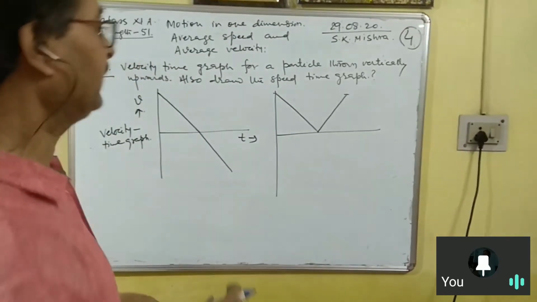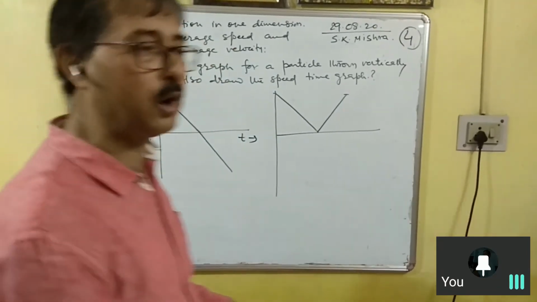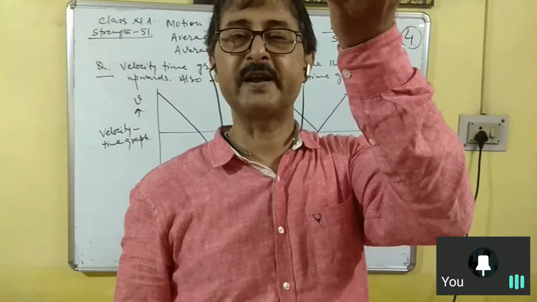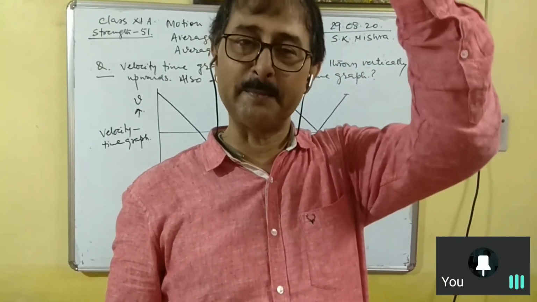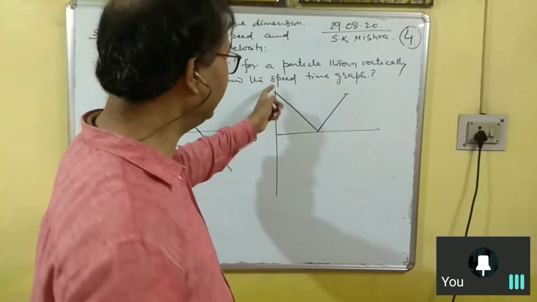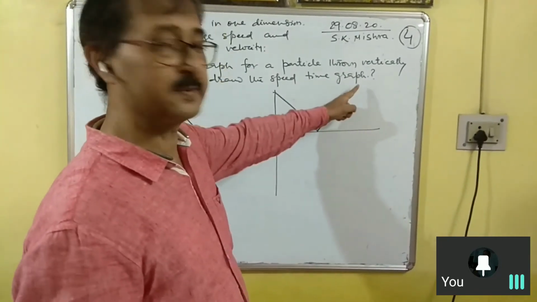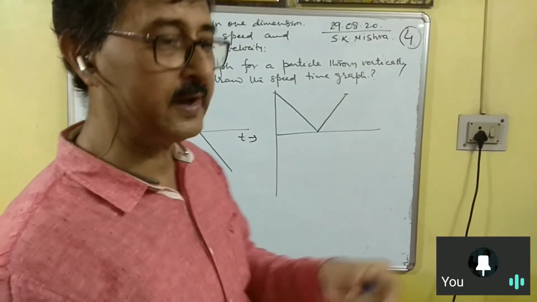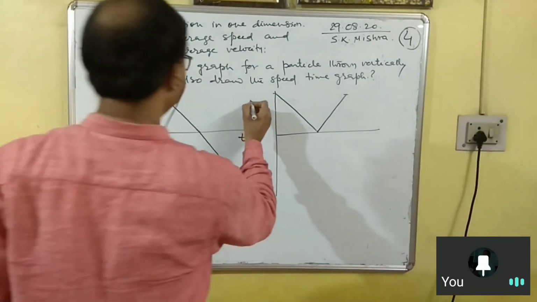So the speed first starts decreasing as you throw the stone vertically upward. At highest point, its speed will be zero. When it starts coming back, speed again starts increasing. So speed will never be negative. That's why it is plotted in the positive axis only. And again it will achieve the same speed at the point from where you have thrown it. Okay. So this is the speed time graph.